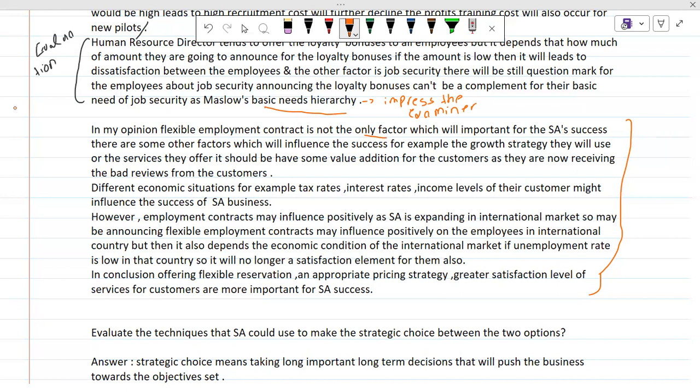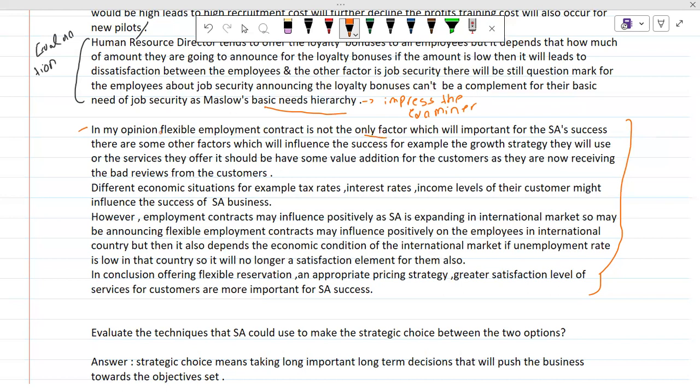Whatever you think, you can write as your opinion, because most teachers or tutors say that you should agree with one statement, that the flexible employment contract is right or not. If you think the employment contract is important but there are also other factors important for SA's success, you can write it also.